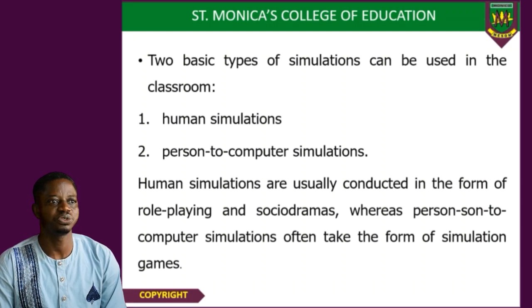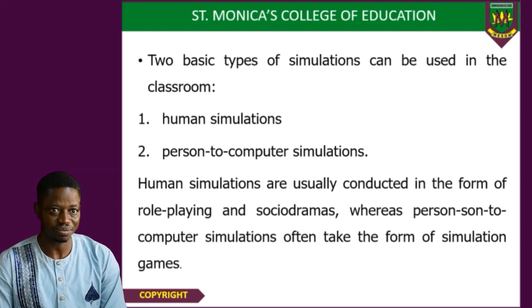If I'm saying you should role play Ajaku or whatever, or Halloween. I also have what we call drama. Whereas person-to-computer simulation often takes the form of what? Simulation games. Sometimes you use the games to portray a certain reality.